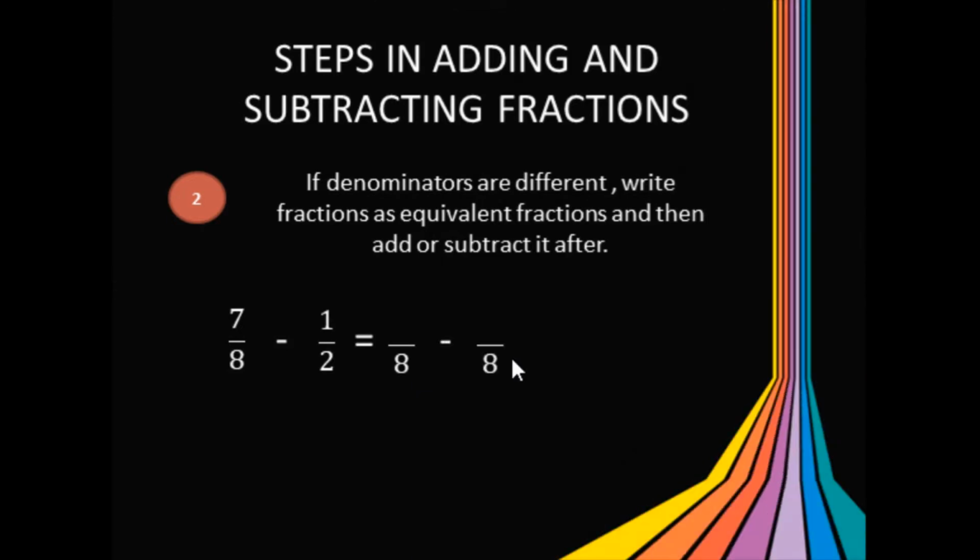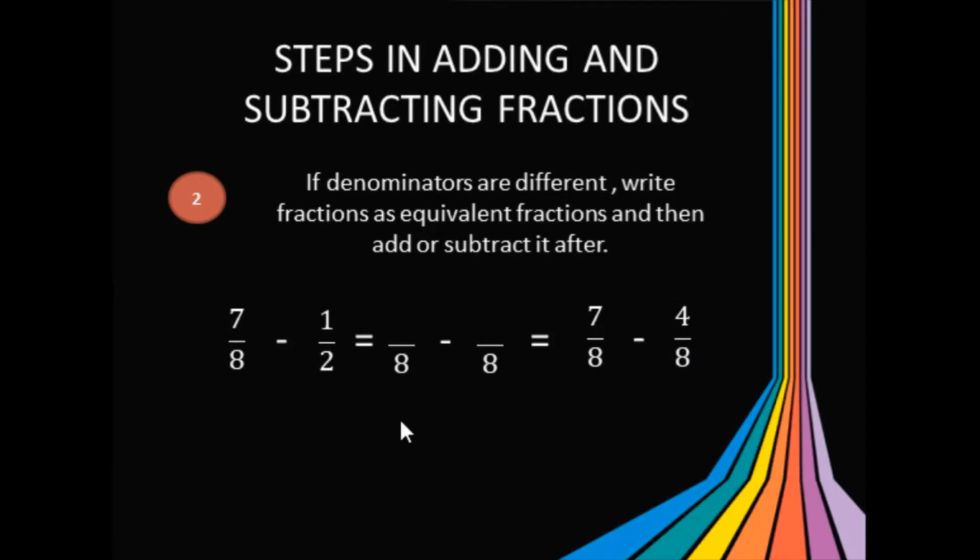And then the divide and multiply rule. 8 divided by 8 is 1 times 7. We get 7/8. 8 divided by 2 is 4 times 1, we get 4/8. 7 minus 4, we get 3/8. That is for the second step.